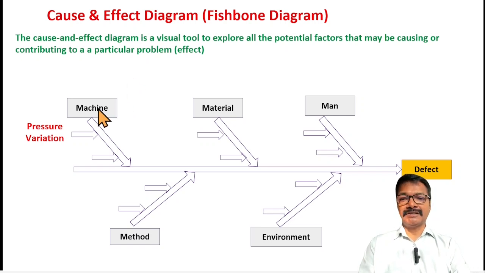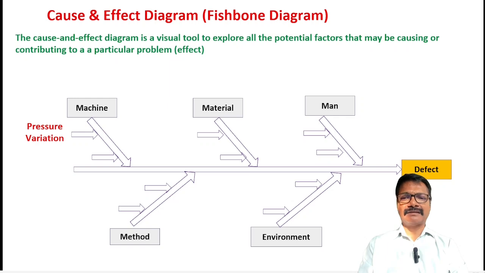For example, in the machine a pressure variation may be a potential cause. So the data will be analyzed, and expert opinion or the person from that particular area will be in a meeting and there will be brainstorming, and you have to prioritize the cause, and you have to test whether this pressure variation is really the cause for that particular defect.